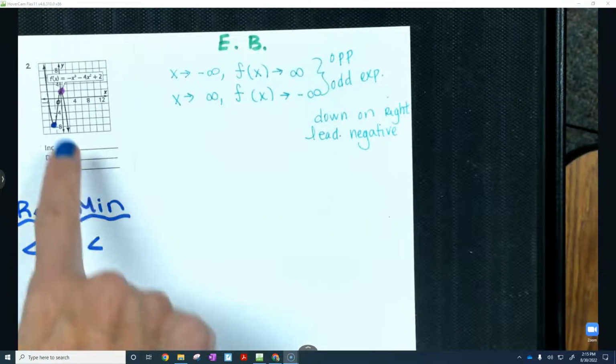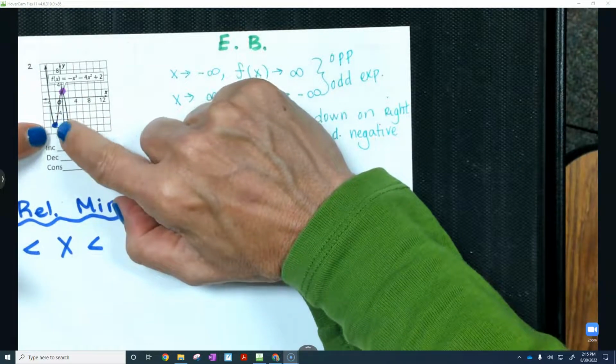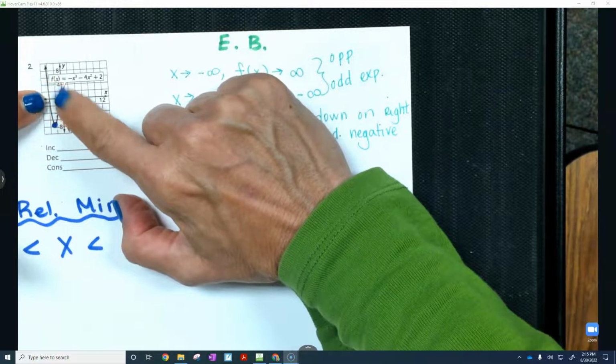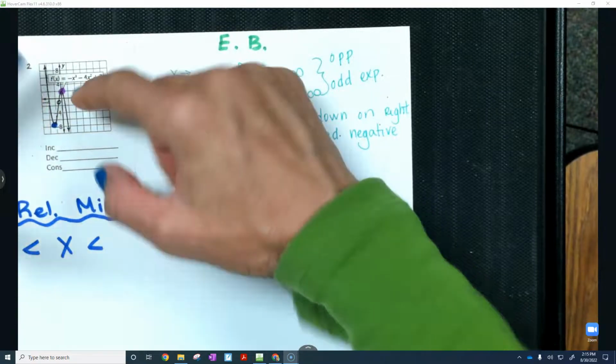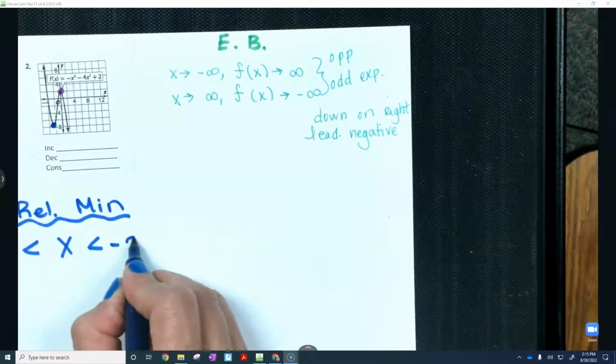Guys, look at your scale. What is each tick mark worth? It goes by 2's. Yes, good. So what integers is this in between? -4, and what about that side? -2. So guys, write -4 and -2.